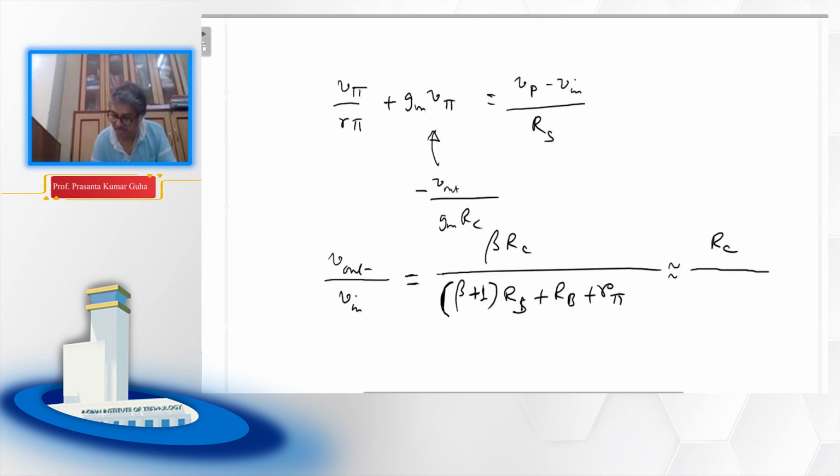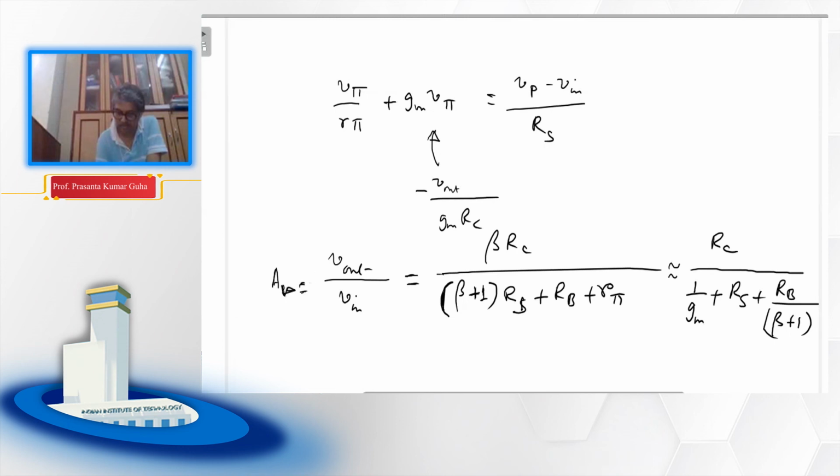Okay, R pi by beta is GM, 1 by GM, so plus your RS plus your RB over beta plus 1. Okay, I think you can appreciate this. We have a similar equation we got in our yesterday's discussion also.